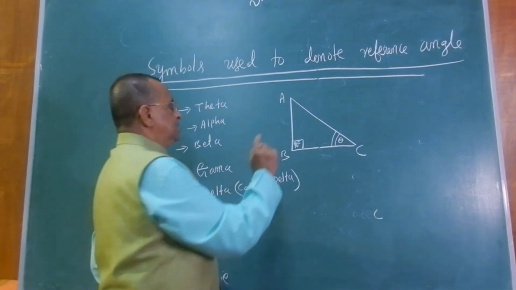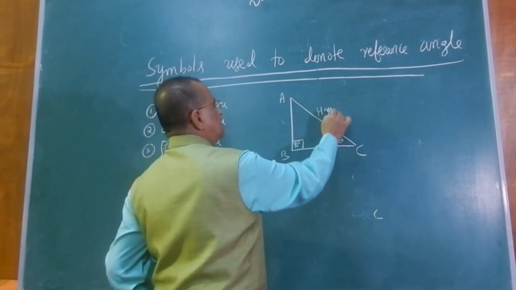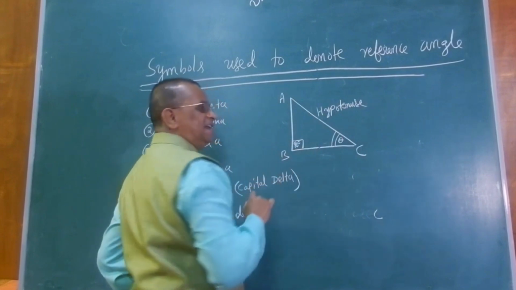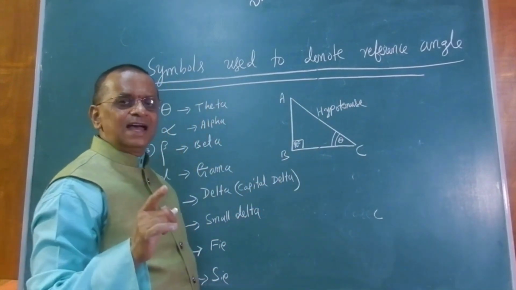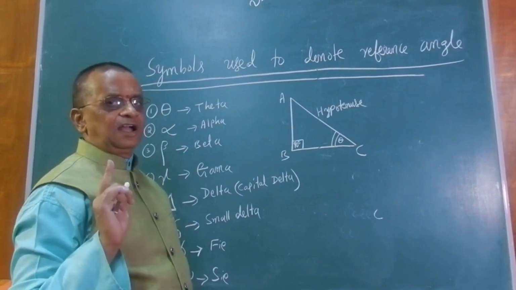The side which is opposite to 90 degree is called hypotenuse. Hypotenuse of a right angle triangle is the side which is opposite to the right angle.